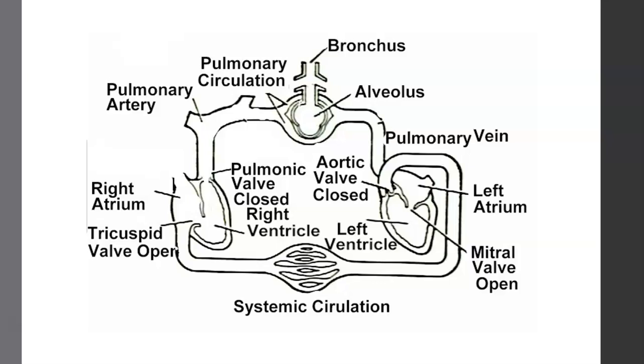The circulatory system consists of 2 circuits in a series. We have the pulmonic circuit, which is a low pressure system with a low resistance to blood flow. And then we have the systemic circulation, which is a high pressure system with high resistance to blood flow. Basically the right side of the heart versus the left side of the heart.